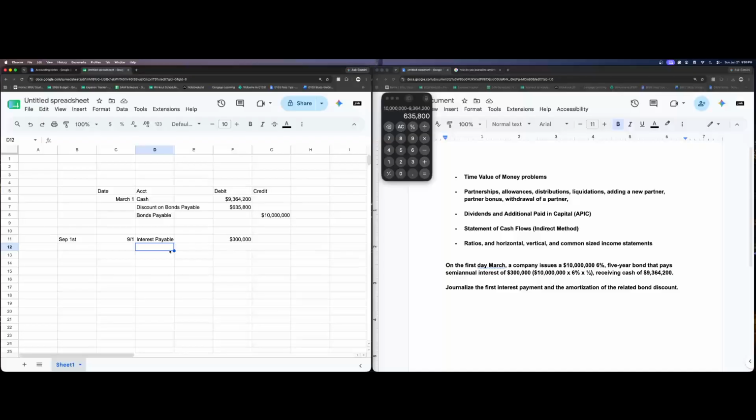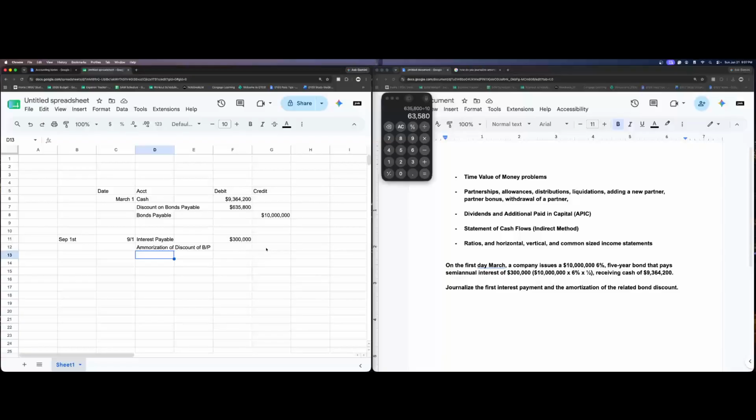There'll be amortization of bond discount, right? Of bonds payable. Pretty much you would see this amortization because there's going to be 10 semi-annual payments. So that's the first semi-annual payment.